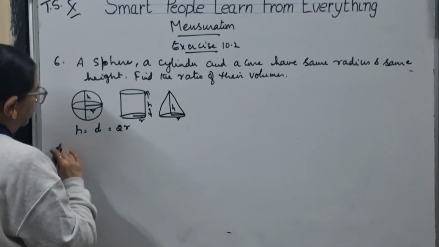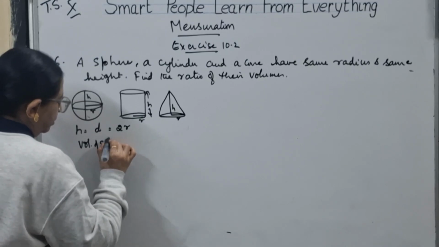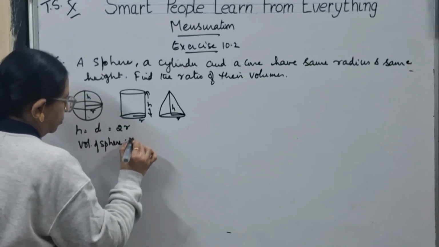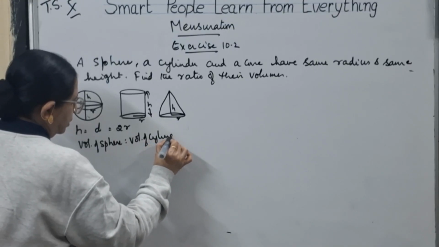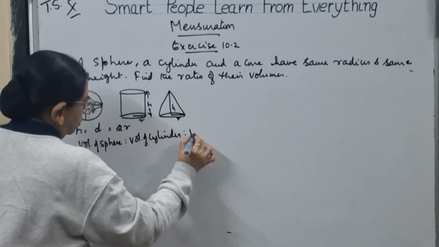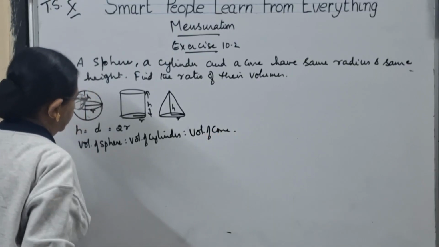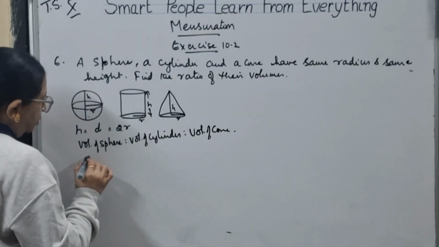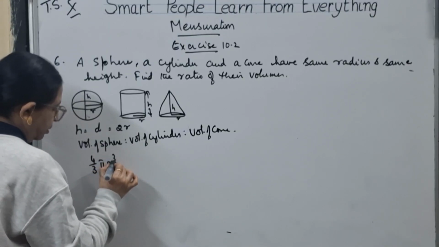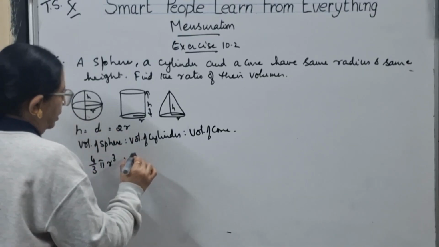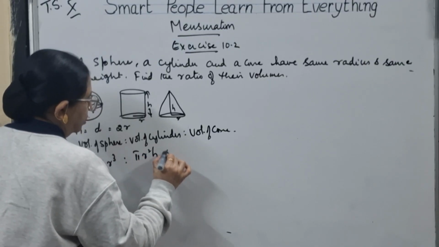So the ratio of the volumes: volume of sphere is to volume of cylinder is to volume of cone. Sphere volume is 4 by 3 pi r cubed, that is the formula. Cylinder volume is pi r square h.